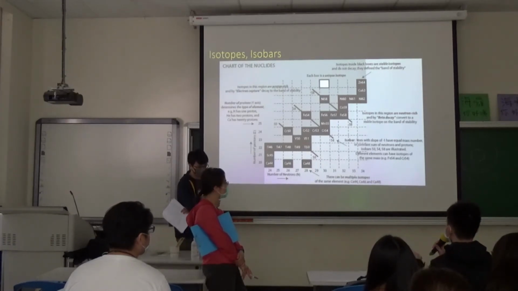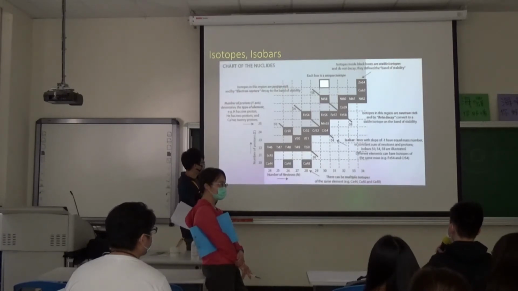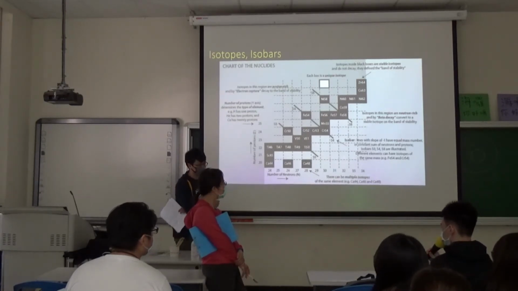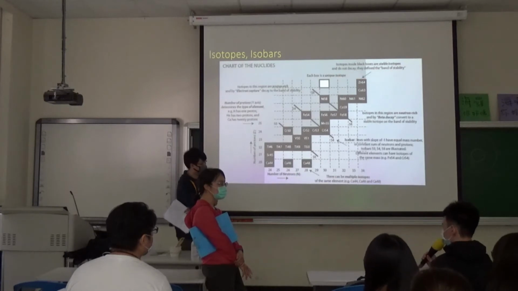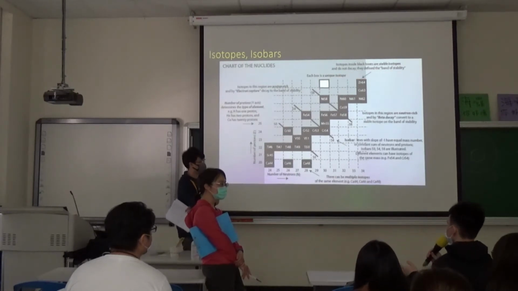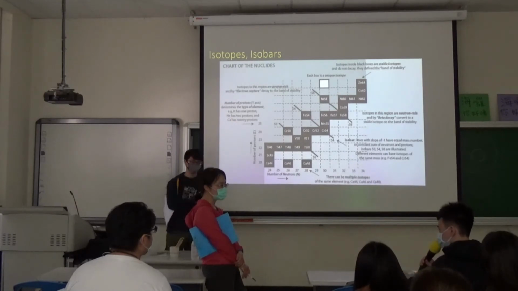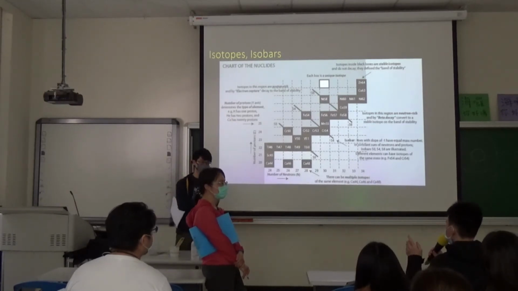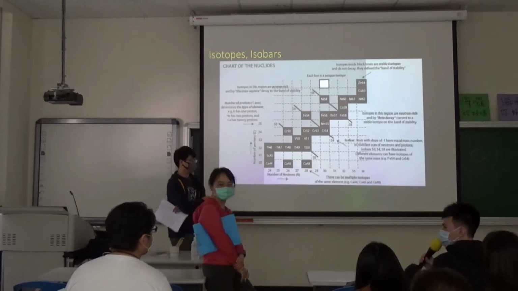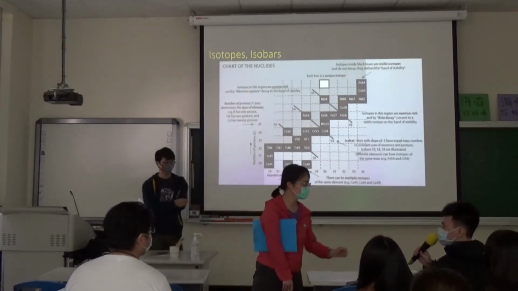And the isobar means on this line they have the same nuclear mass, and because the decay will not decrease the nuclear mass, that means if the elements are radioactive, they will decay through the isobar to the band of stability.